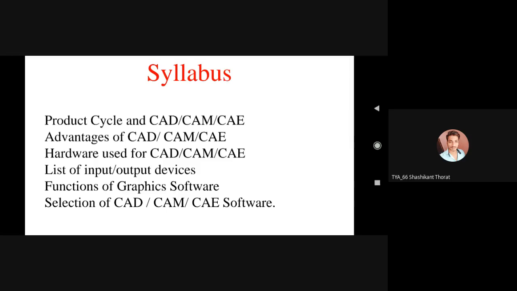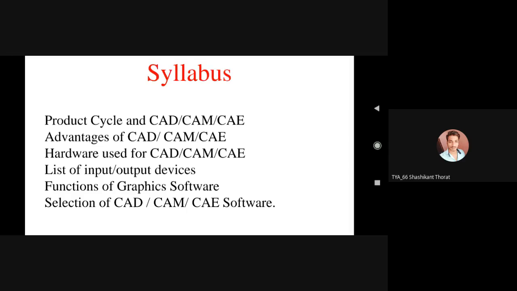This is nothing but a cycle. If you consider the product, every product has some definite life. After that life, again that product will be manufactured. How the product's life cycle is observed, that we have to see.